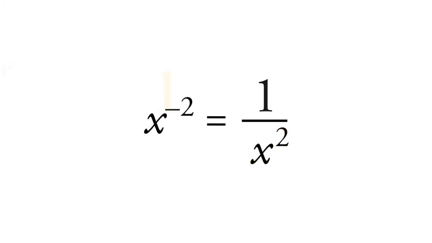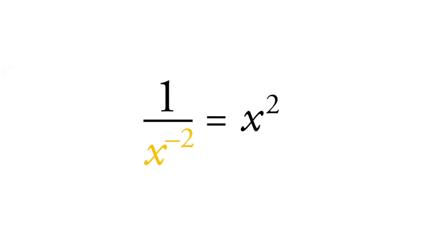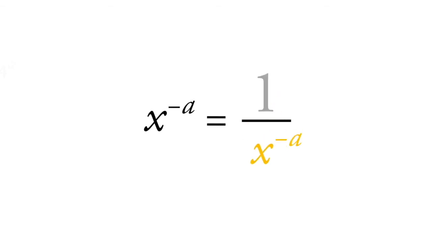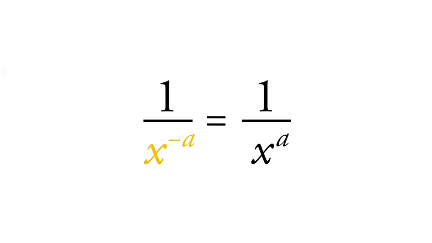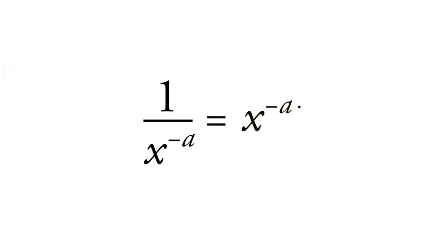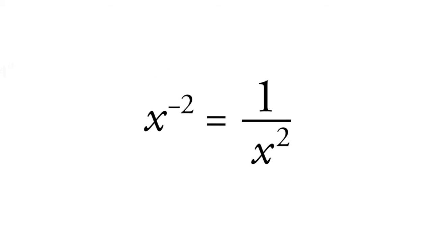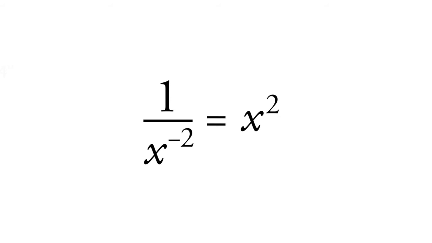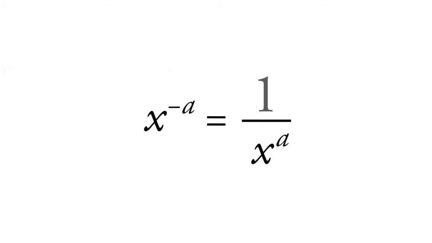And likewise, if we have 1 over x to the negative 2, that's the same as x squared. So if we're taking from the numerator and putting it in the denominator, we multiply the exponent by negative 1. If we're taking from the denominator and moving it to the numerator, we also multiply the exponent by negative 1. So 1 over x squared is equal to x to the negative 2, and 1 over x to the negative 2 is equal to x squared.